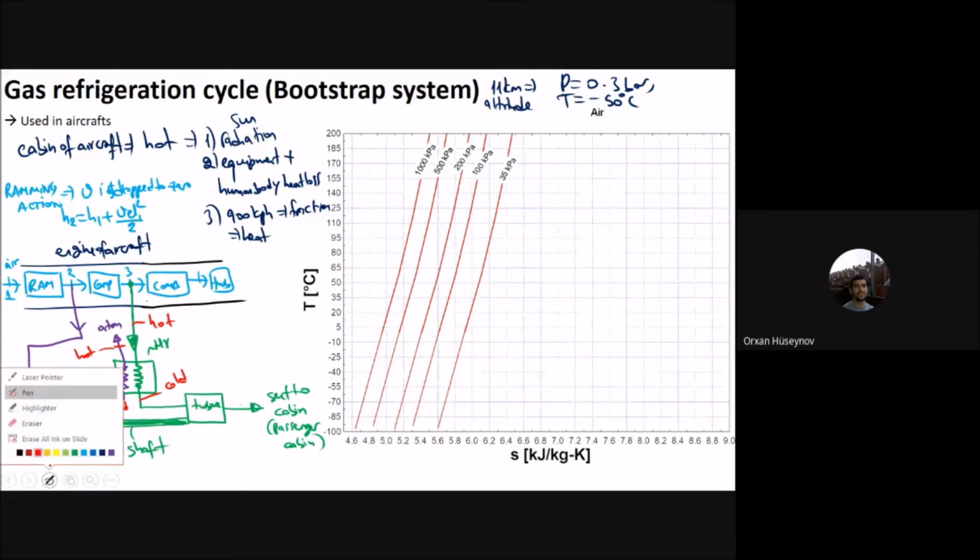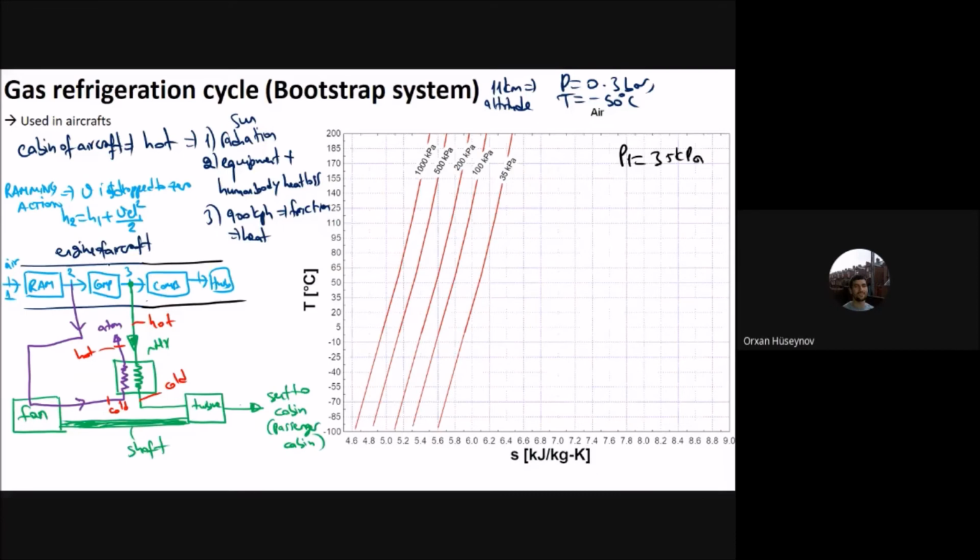So let me just draw it on the T-S diagram here. Say that this one is the inlet air, and that inlet air is at 35 kilopascal. So I will have that P1, which is 35 kilopascal.